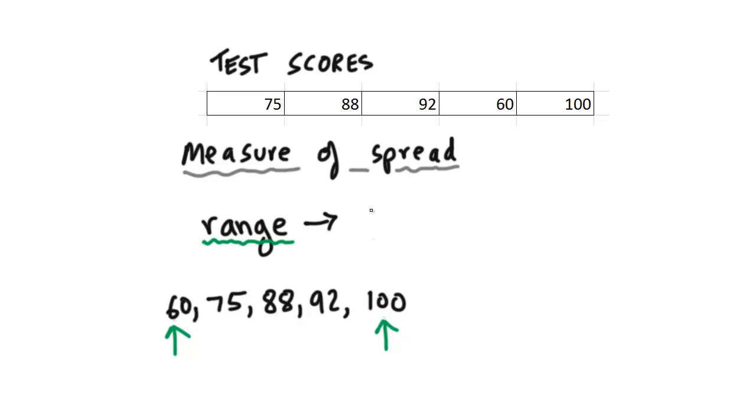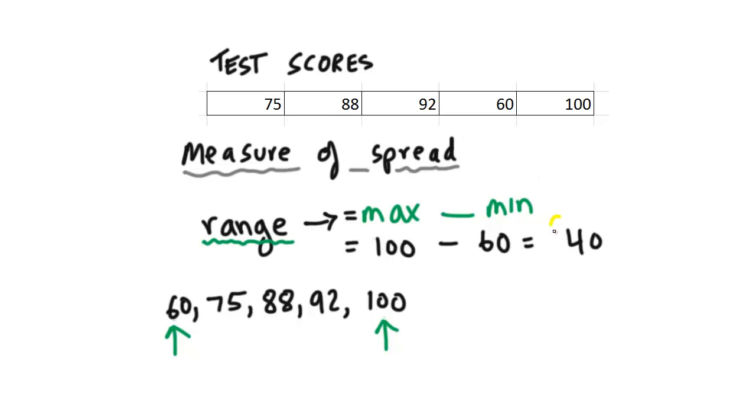So we'll take the biggest number, we'll call that the max, minus the smallest number, and we'll call that the min, and that should give us the range, right? So in this case, the biggest number is the 100 minus the 60, and that'll give you 40, right? So the range for the data set is 40.